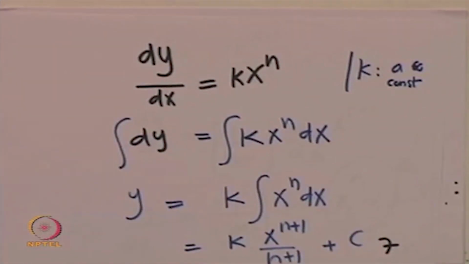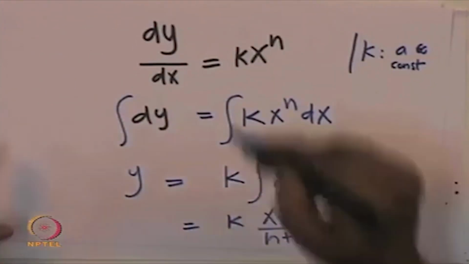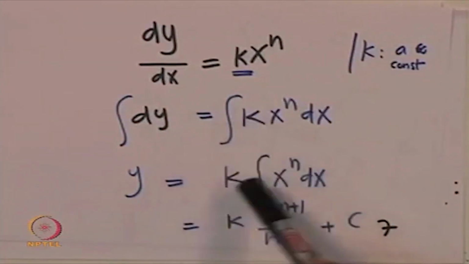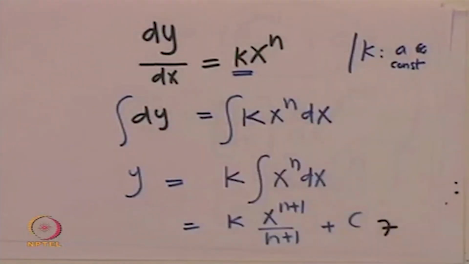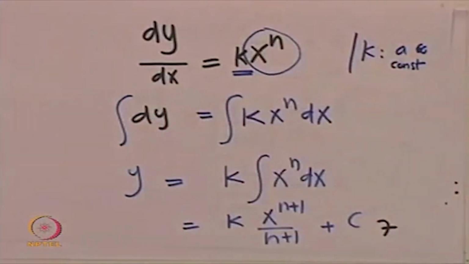So, basically what does this say? This says that if you have a constant k here, you can take this out of the integration process, do the integral of x power n alone, and multiply the answer you get with k. This is the same thing as in differentiation.